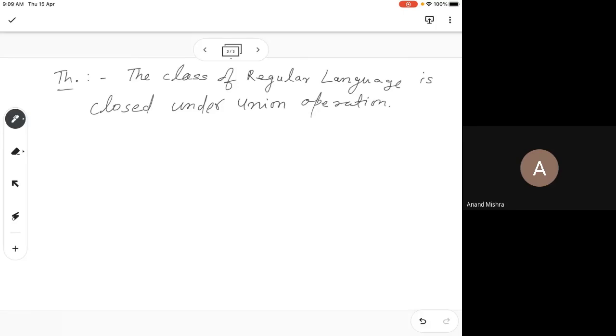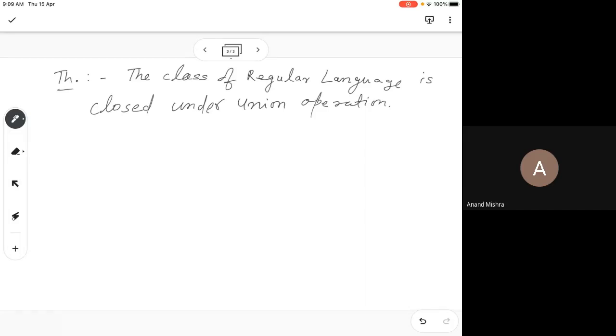If L2 is a regular language, there exists another DFA corresponding to that language. So there is a one-to-one correspondence between language and DFA. And then what we did is we constructed another DFA, which recognizes L1 union L2. So that's what we did, right? So this is using DFA.